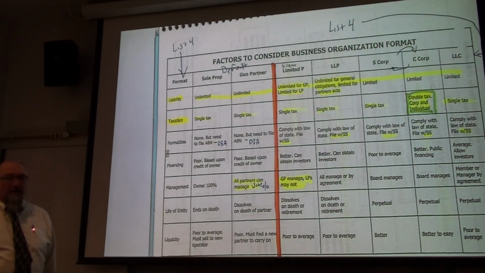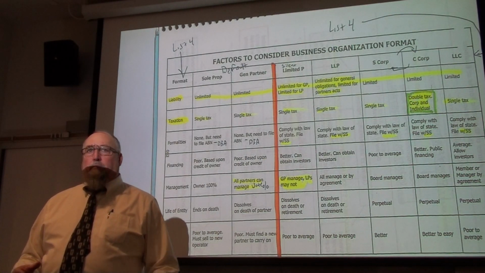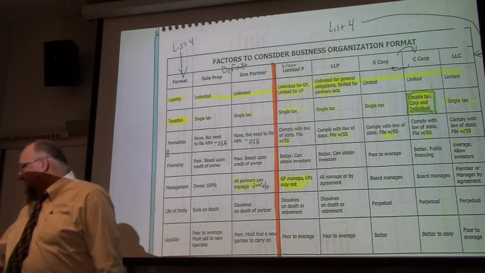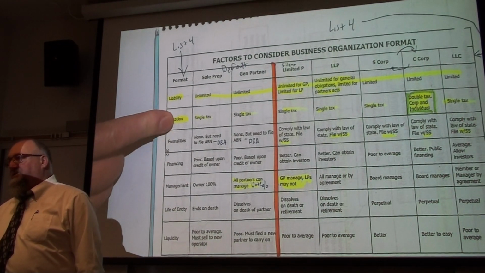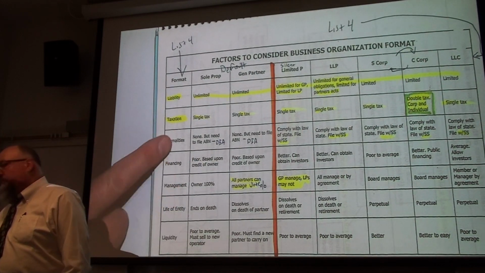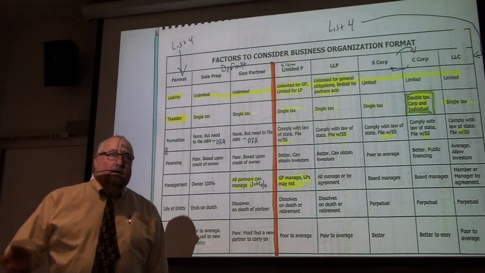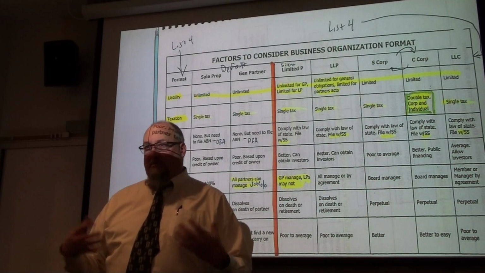With that said, I actually developed this chart. I was teaching a class, economic development, over in Salem. And so I'm not going to go through all these. I'm really going to focus on these first 2, liability and tax issues. Those are kind of the 2 major ones. And we'll talk a little bit about the formalities of management, but I actually have a different class on formalities where we go through all that, how to start a business, the whole thing.